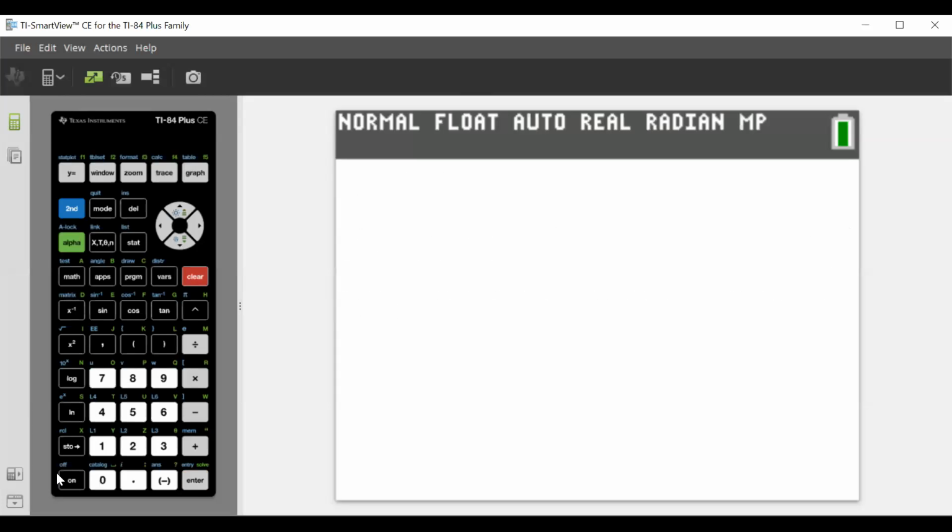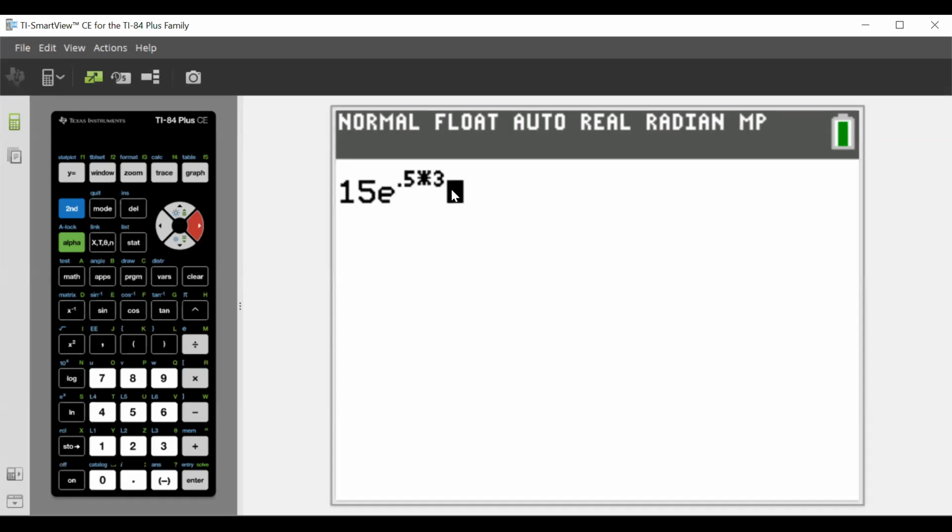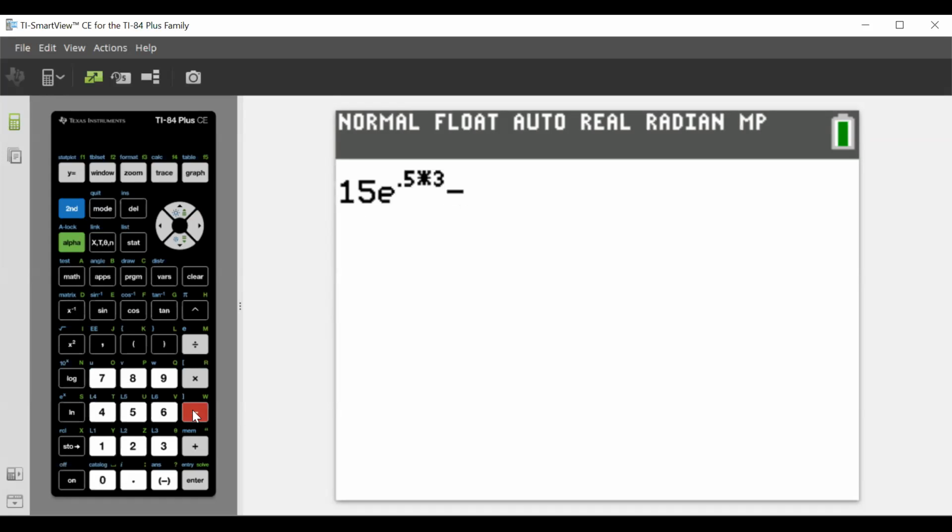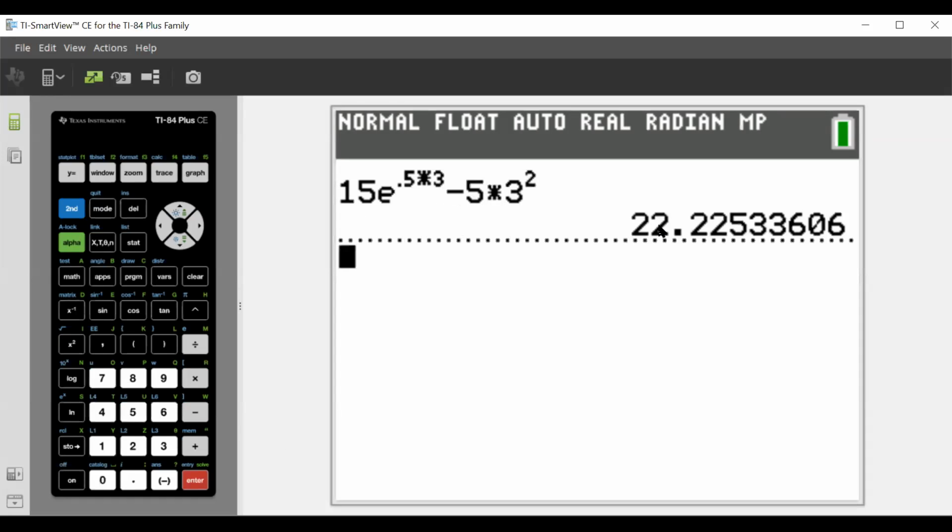And so let's clear that. And so we had 15 times e. And here's e. So we're going to have a second ln, and it was the 0.5 times 3, and then we need to arrow down so we can get back down to here, and then subtract off from that 5 times 3 squared. So in theory, it should be 22.2253.